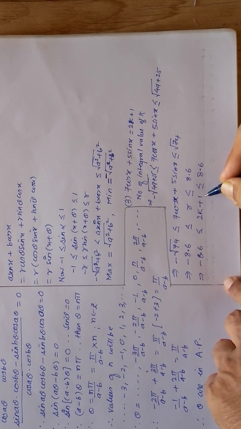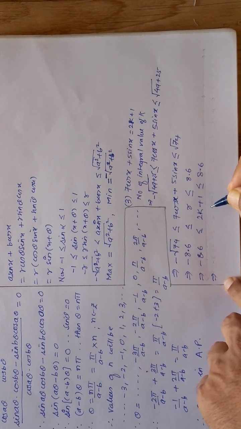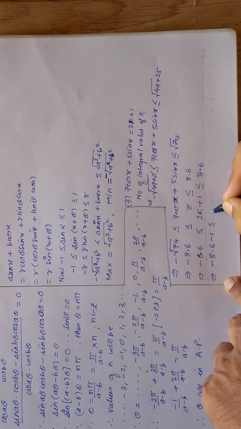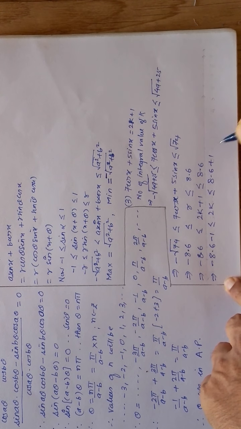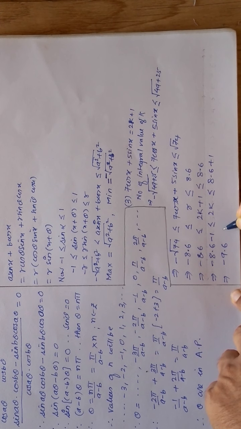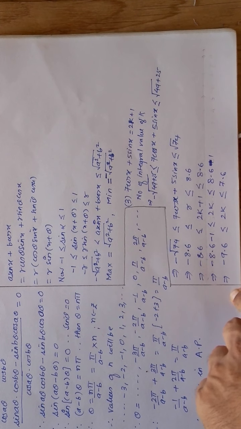First I will remove the 1, that means I will subtract 1 from both sides. So I get minus 8.6 minus 1, that is minus 9.6, less than or equal to 2k, less than or equal to 8.6 minus 1, that is 7.6.